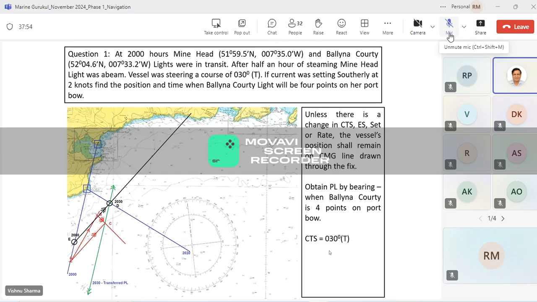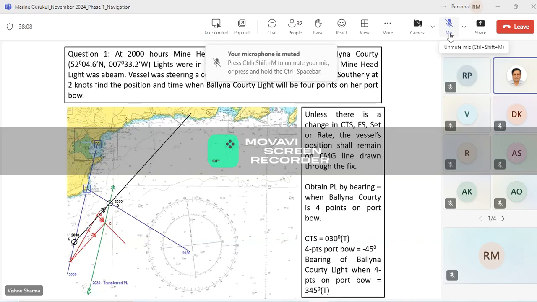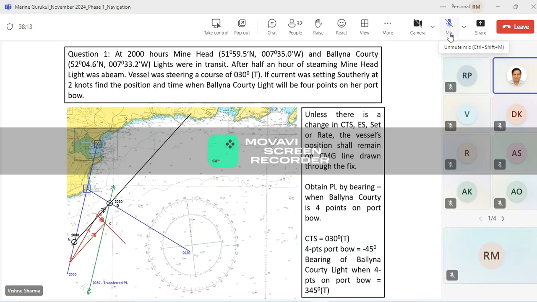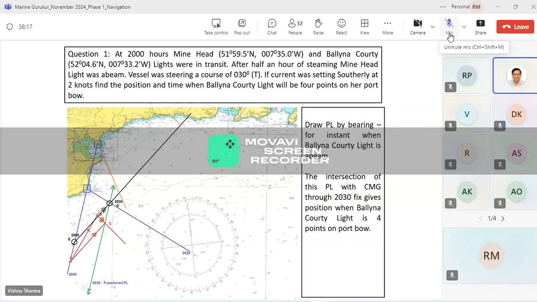It will be CTS, this is going to be on the answer sheet: CTS 030, 4 points on the port bow, minus 45. So the true bearing when it is 4 points on the bow will be 345. So now what will I do? From Bellina Coty, I'll draw this 345 degrees position line. This orange line is the 345 degrees position line from Bellina Coty.